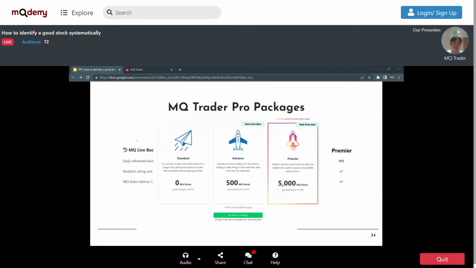It's very simple to climb to the premium tier because our system will auto upgrade your package if you accumulate enough MQ points every month. You can get MQ points by trading or participating in our MQTRADERS activities like our monthly webinars, or sometimes we might have a Chinese New Year event or the Hari Raya event where we might give out more MQ points. So if you're interested in any of this, you can follow our Facebook for more info.